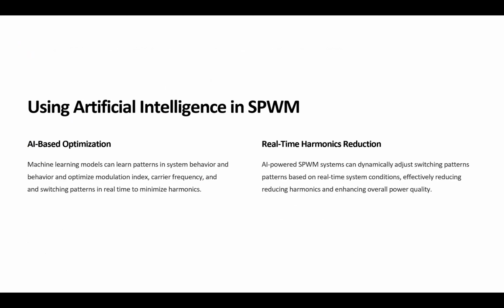Now, we already said that one of the advantages of advanced control systems is to incorporate artificial intelligence and real-time harmonic reduction. As I mentioned in the previous session, artificial intelligence and real time are still at a research level. It's not done on a commercialized scale.